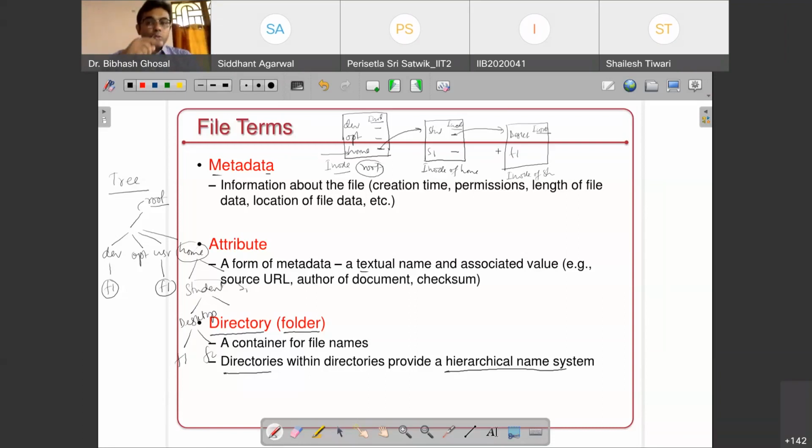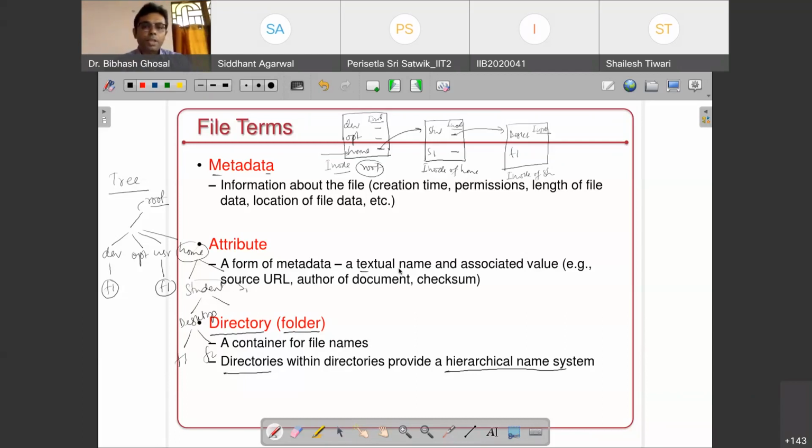If it is within a directory, then you have to do one more scan, go to that subdirectory, go to the inode of that subdirectory, find whether the file is there. If it is there, fine. If not, again one more scan into the subdirectory. This is called a tree type of arrangement of directory names, and this is the naming structure of the directory.